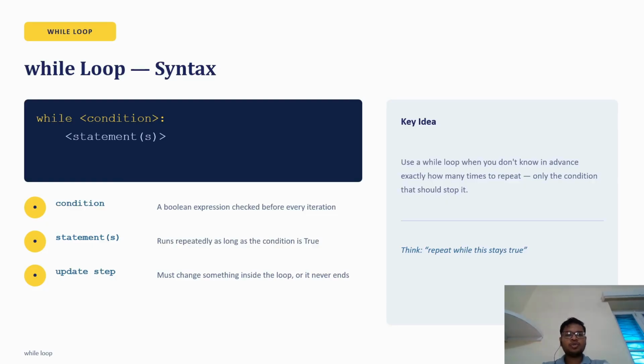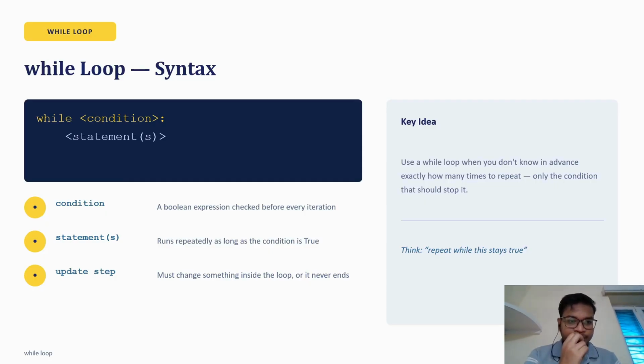So what is the syntax of the while loop? While, and there is some condition, some variables, and some statement. Here we have a while loop, there is a condition part, and after that there is a statement part.